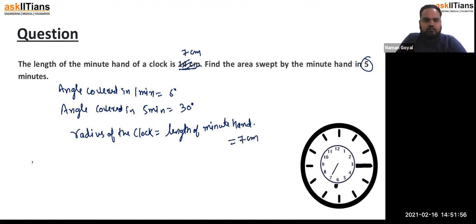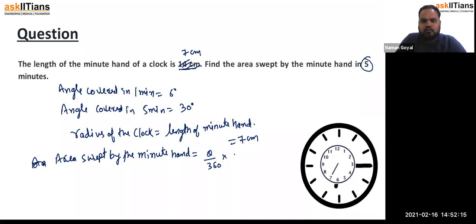So the area swept by the minute hand is nothing but theta upon 360 into pi r square.